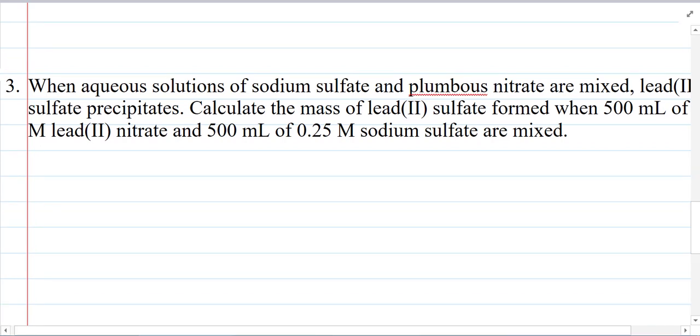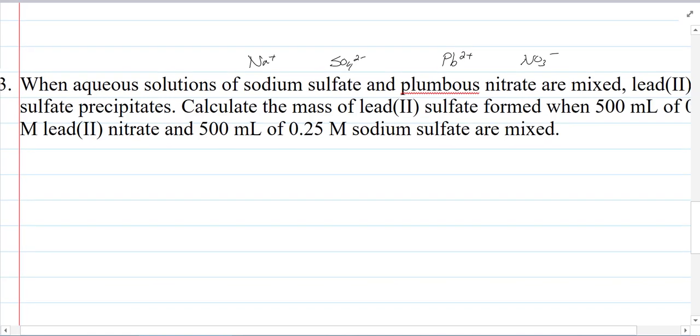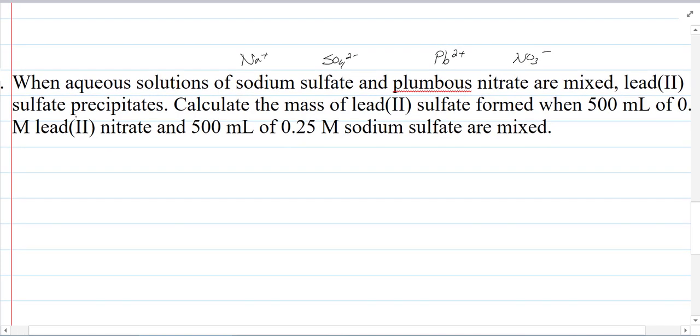When aqueous solutions of sodium sulfate, Na plus, SO4 2 minus, and plumbous, which we learn is lead 2 here, Pb2 plus, nitrate, NO3 minus, are mixed, lead 2 sulfate precipitates. So it tells us that this is a precipitate reaction. So let's write this out.